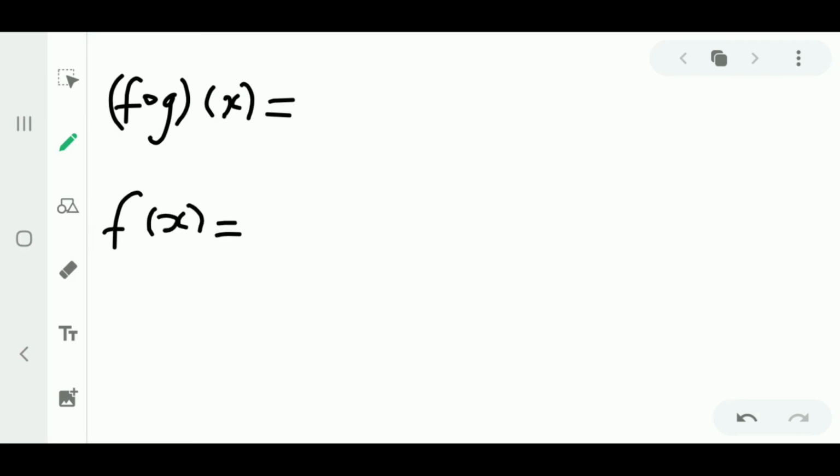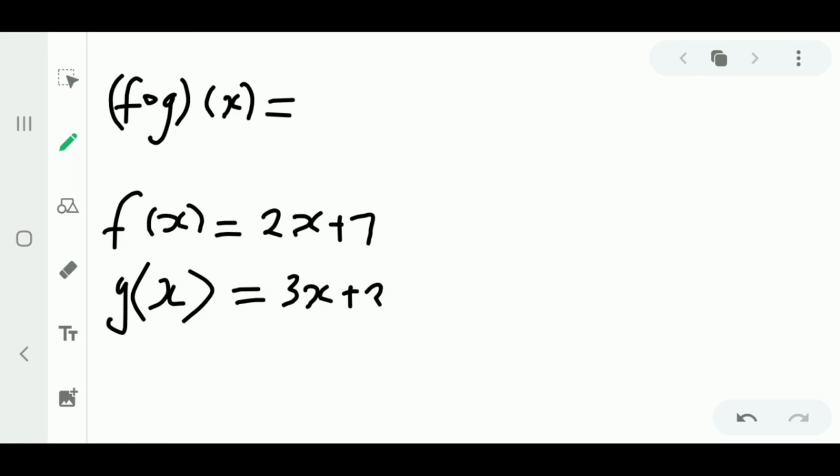So f composite g of x. Remember, f is first, and that means that's the basis. So anywhere we see x, we're going to substitute 3x plus 2. Because f of x is equal to 2x plus 7, it's 2 times 3x plus 2, plus 7.